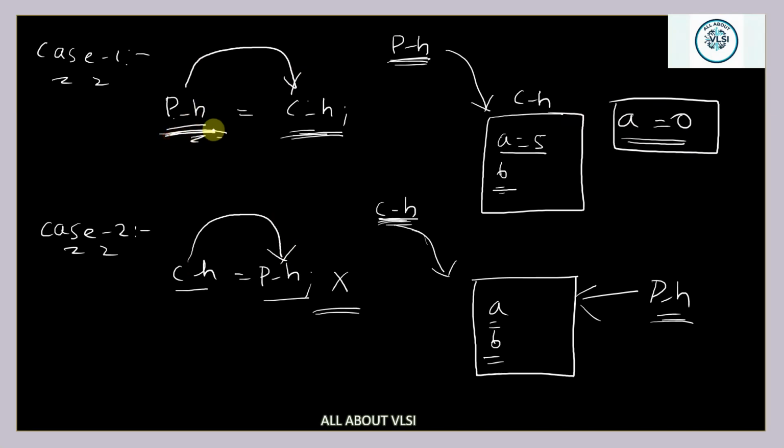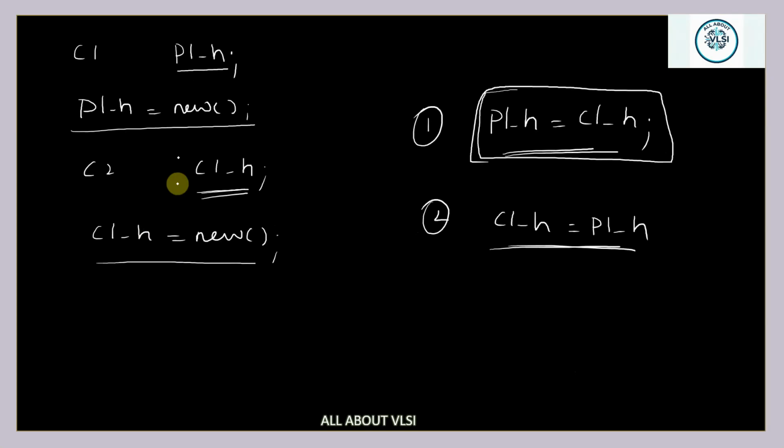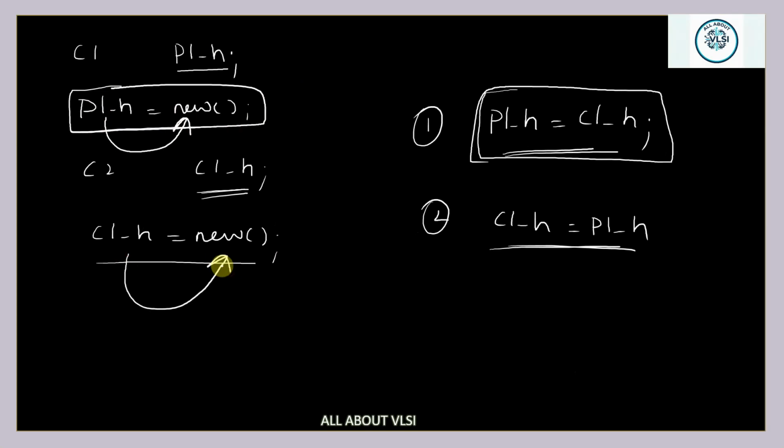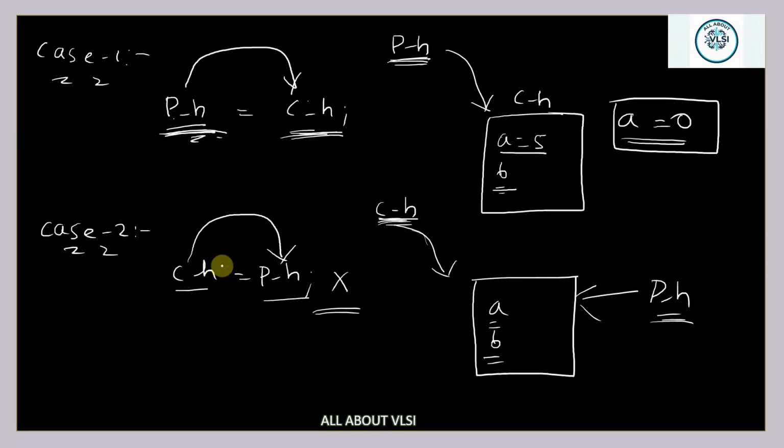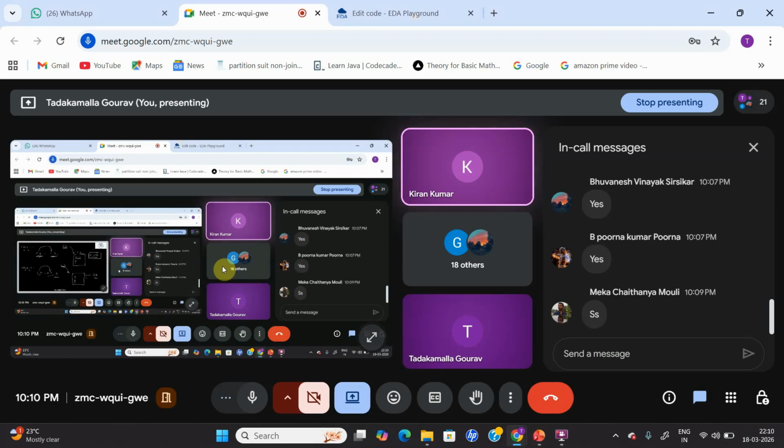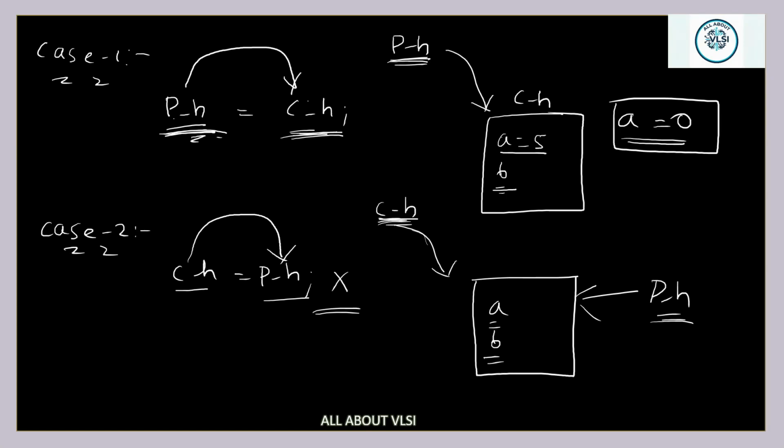Exactly, if we write p is equal to c, that means p is pointing towards c. And when we create any object, p1 is equal to new, so p1 is pointing towards a new object, and c1 is pointing towards a new object. So you can remember that.